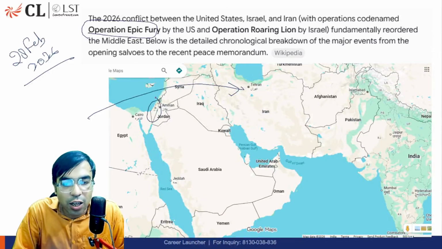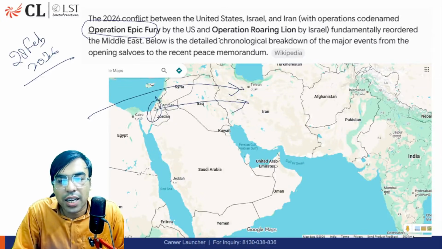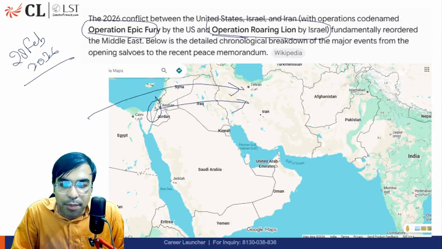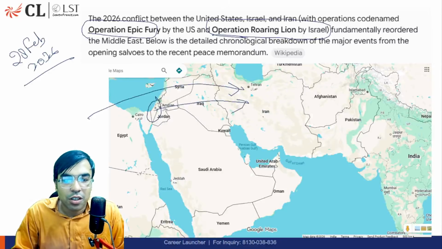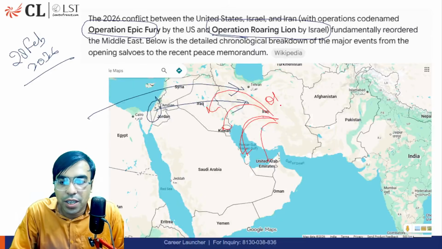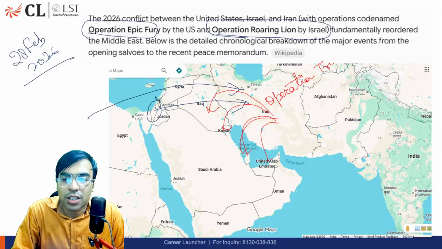Then Israel also attacked Iran under Operation Roaring Lion. After that, Iran started bombing back US military bases in Iraq, Kuwait, Qatar, Bahrain, and UAE, under Operation True Promise 4. You should remember these operations because the chances of being asked are very high.